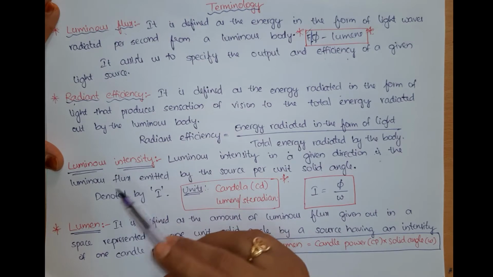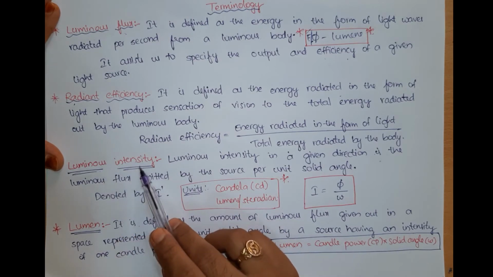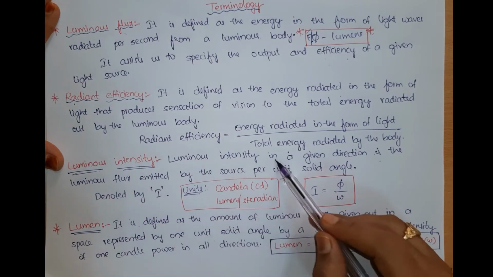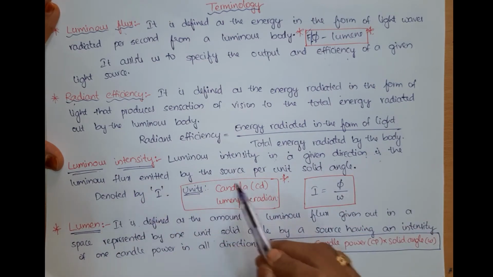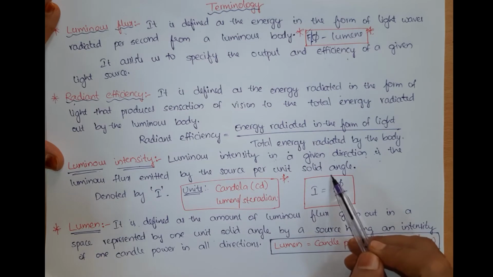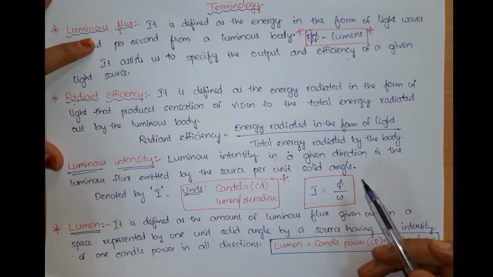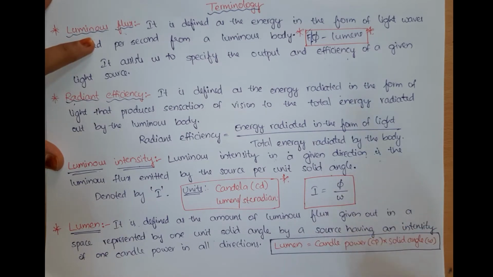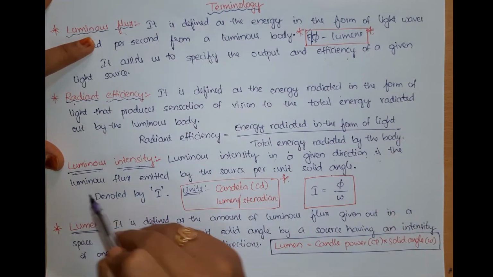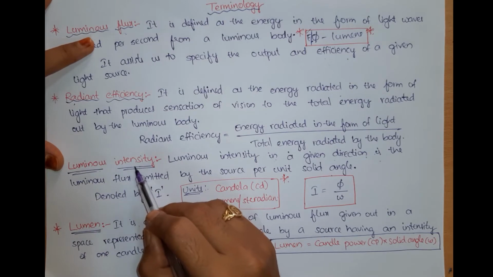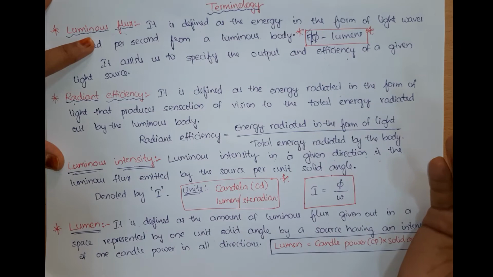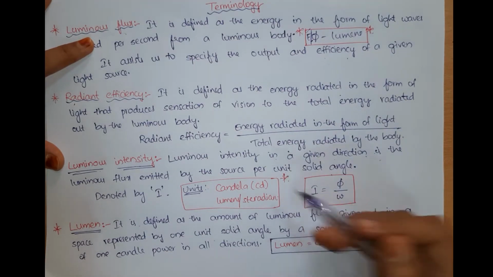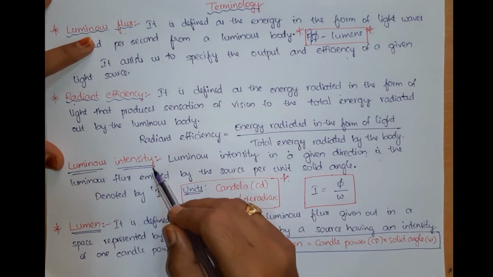Okay, next, luminous intensity. See, luminous intensity in a given direction is the luminous flux emitted by the source per unit solid angle. Right? It is nothing but luminous flux, but in a particular direction, how much it is emitting per unit solid angle, that is called luminous intensity. Intensity is nothing but how much frequency, we can say, how fast it is, how concentrated it is. So all these terms are synonyms of intensity, right?